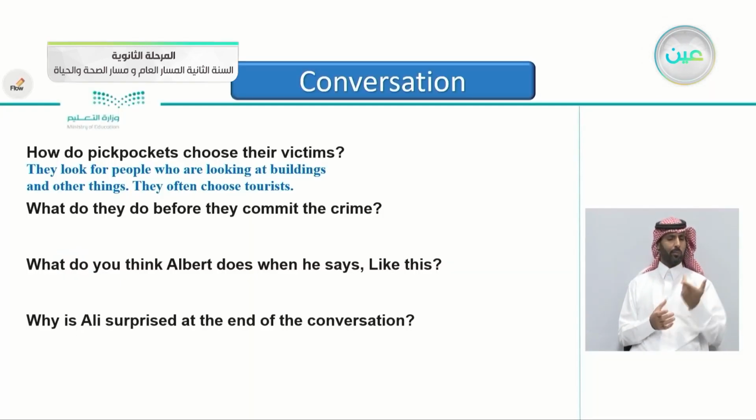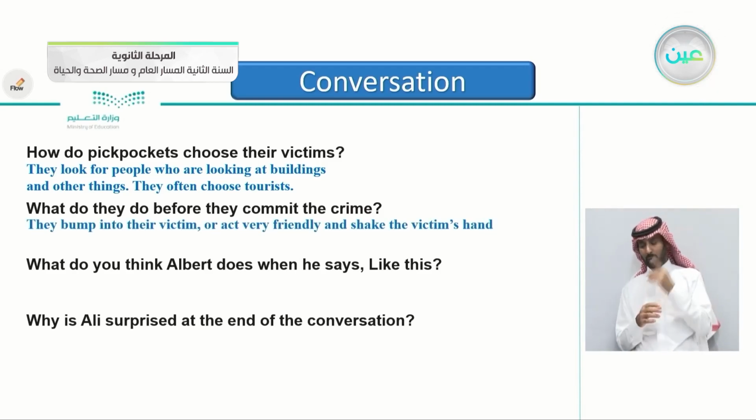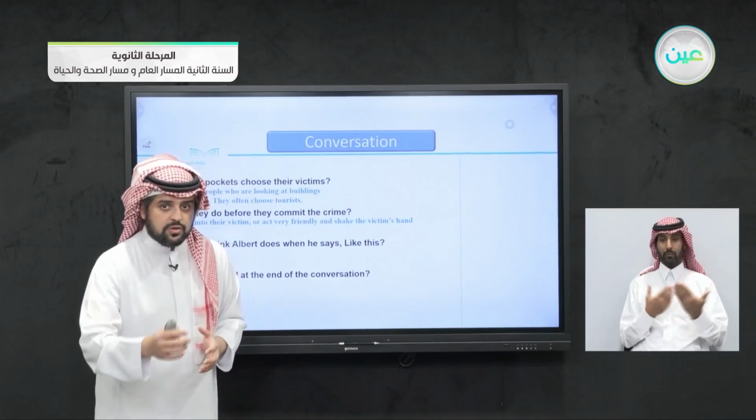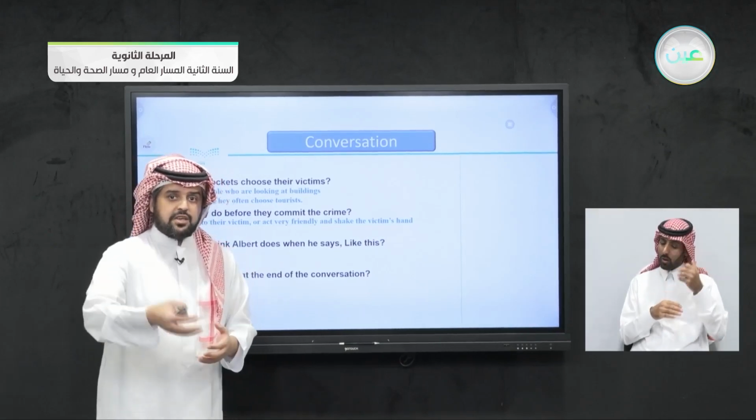What do they do before they commit the crime? Yes, they bump into their victim or act very friendly to shake the victim's hand. Before they commit the crime, they try to get close to you, either by bumping or trying to act real friendly and shaking your hand.